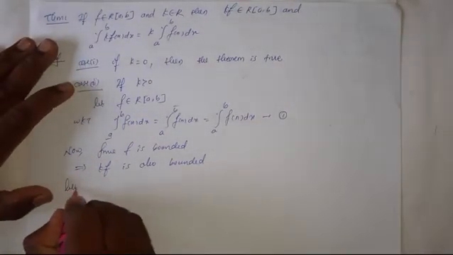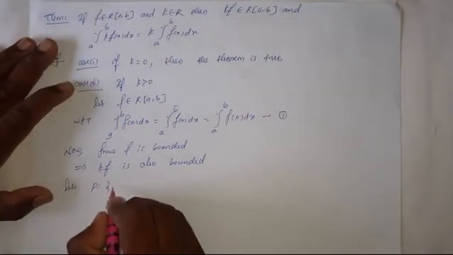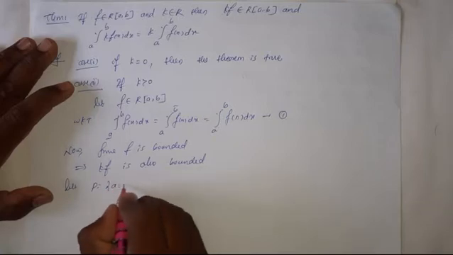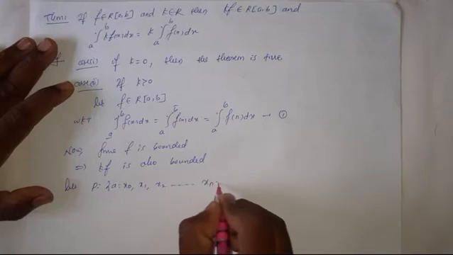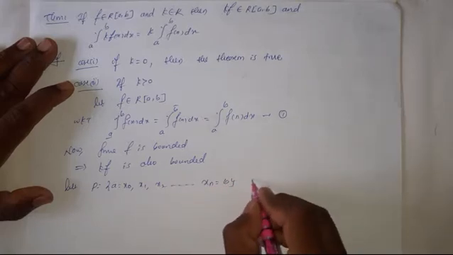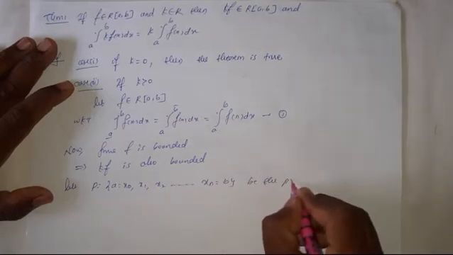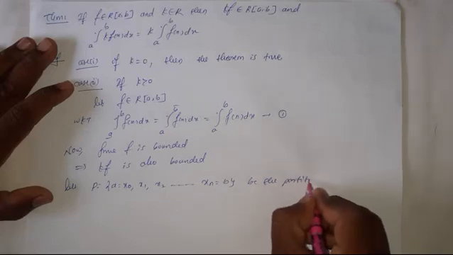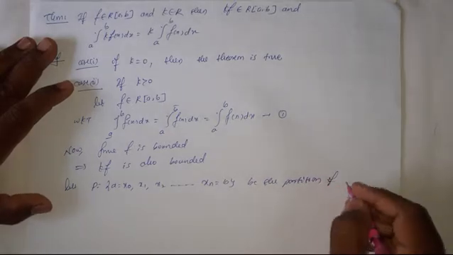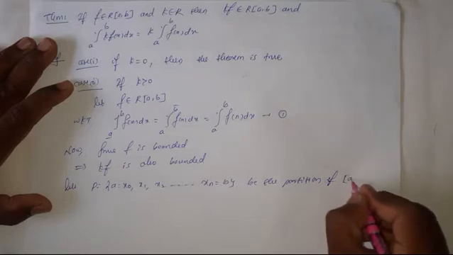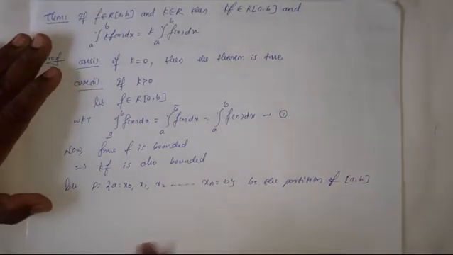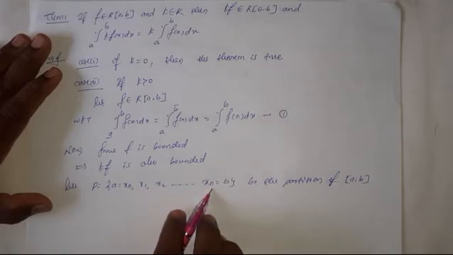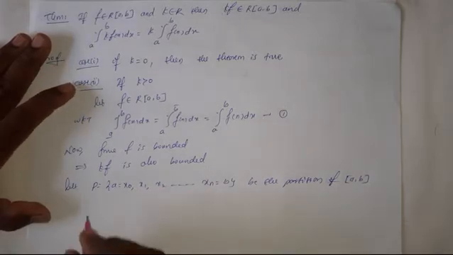Let P equal to a = x0, x1, x2, and so on up to xn = b, be the partition of the closed interval [a, b].